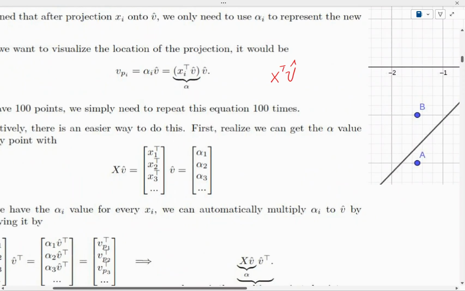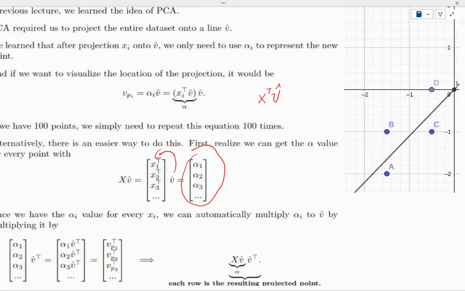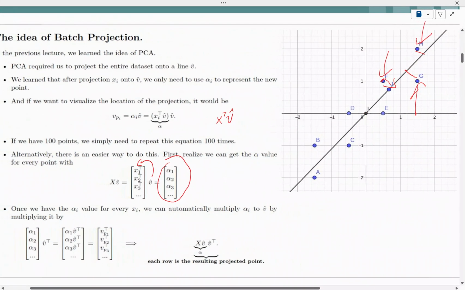Now, if we have multiple of them, we can simply stack X1 transpose, X2 transpose, X3 transpose into a matrix. When we multiply V hat by the X, we get the alpha values, which tell us the distance to each one of these points. And that's the new coordinate. So this is, in a way, the batch projection.